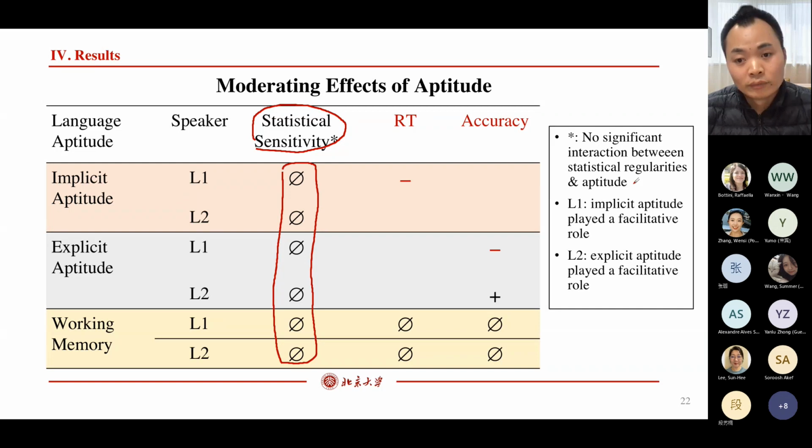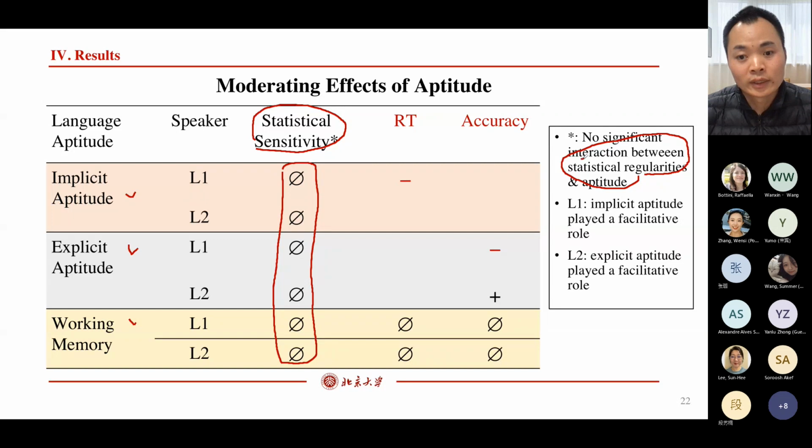In this paper, I'm trying to examine whether statistical sensitivity to phrasal frequency and contingency is moderated by these 3 types of language aptitude. And how could we do this? I do this by examining the interaction between the effects of phrasal frequency and contingency and language aptitude.